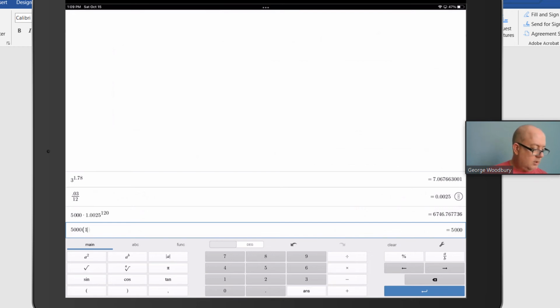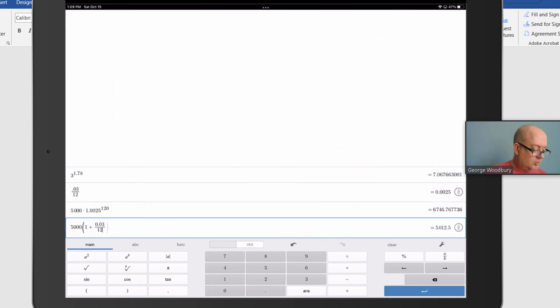Parentheses, 1 plus 0.03 divided by 12, tap outside the parentheses, press the exponent key, and while I'm in the exponent, 12 times 10. I need to stay in that exponent, be careful with that. I think I'm going to have to use parentheses up there too, parentheses, 12 times 10. And notice I get the same exact result eventually.